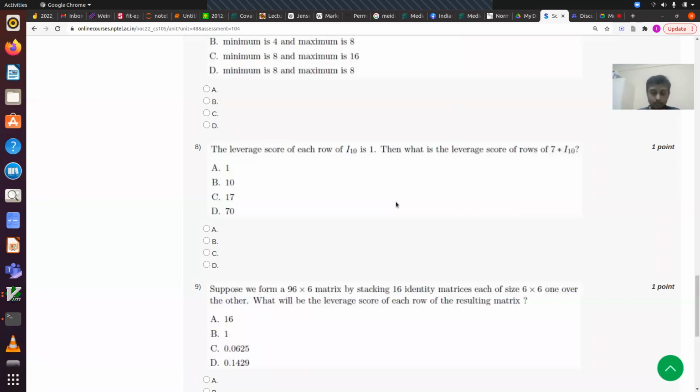Then, so if you take any row, you can think of the row as a vector. Okay, fine. And then you can take the leverage score. How, sir? Suppose I am taking a row. Row means 1, 1, 1. Suppose 3 cross 3, 1, 1, 1. Okay, sir. So how to find out the leverage score, sir, for 1, 1, 1?